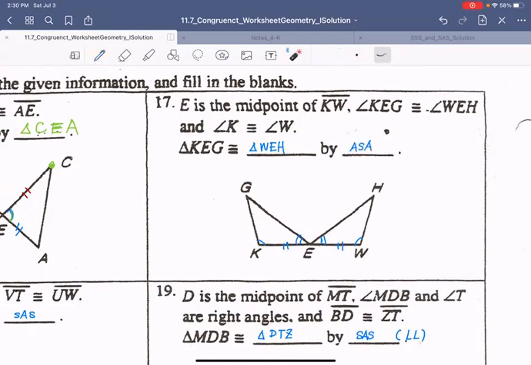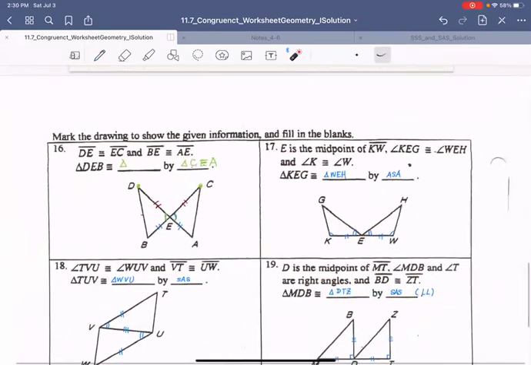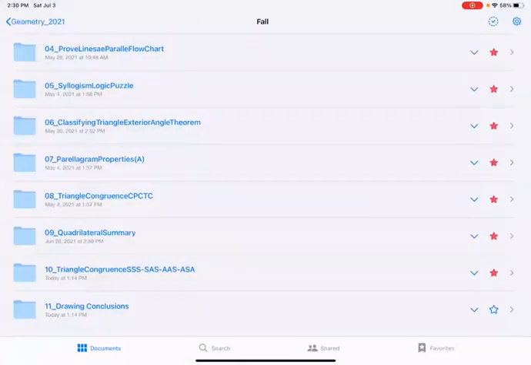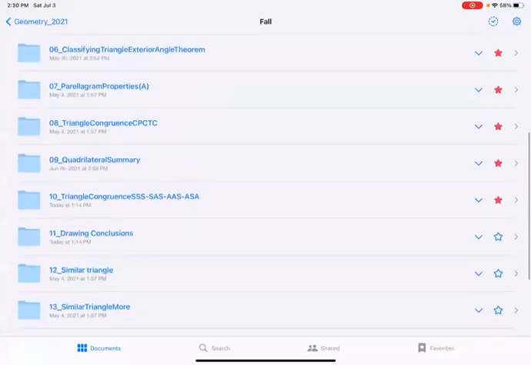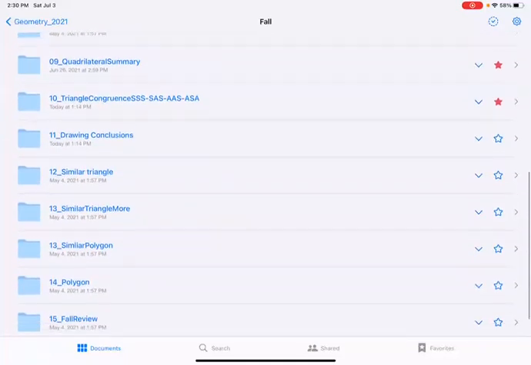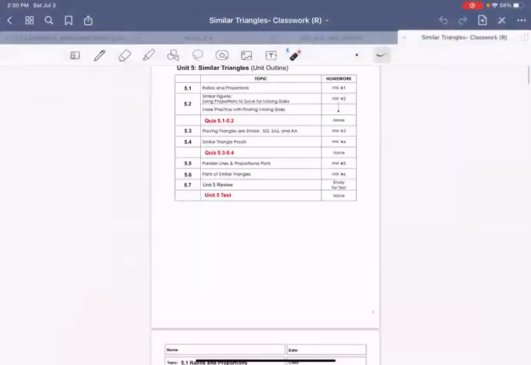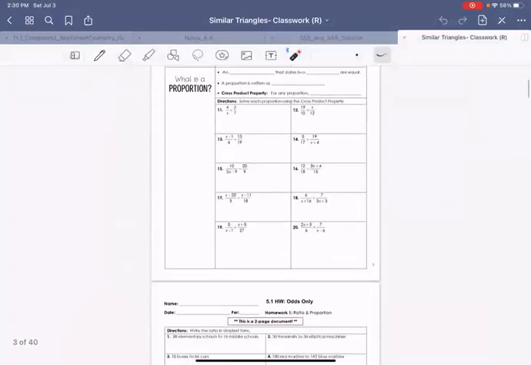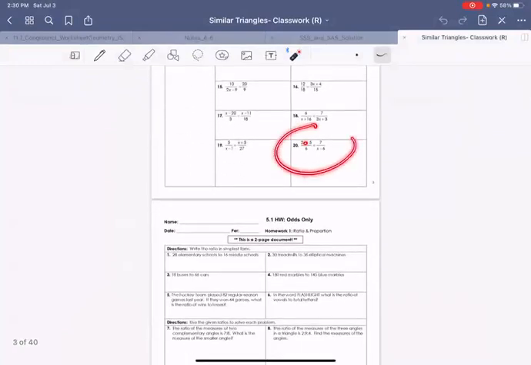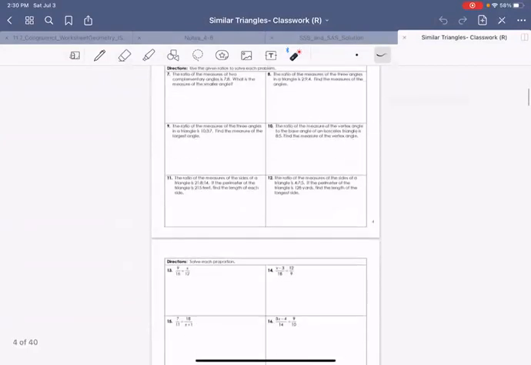We want to have the habit of putting the points in corresponding order. This is critically important when we learn similarity. Let me show you. We are going to learn triangle similarity very soon. For triangle similarity, we are going to do those ratios. We are going to come back to questions like that. This is the beginning to review the algebra foundation.